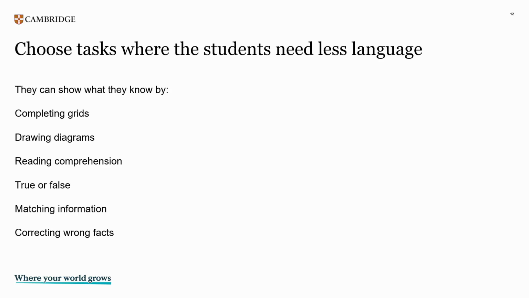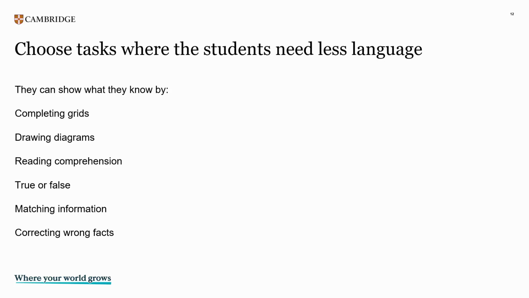We do have to be careful, though, with some of these tasks, because what we want to avoid is word spotting. If you're familiar with the phrase word spotting, it means when students see a word, recognize it, and jump on it without really understanding the meaning.